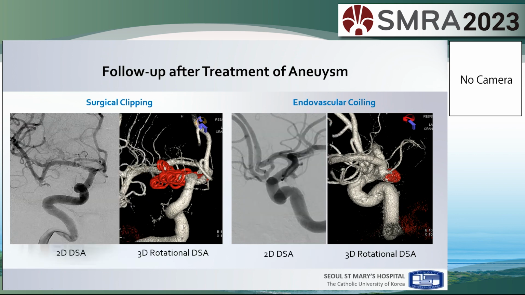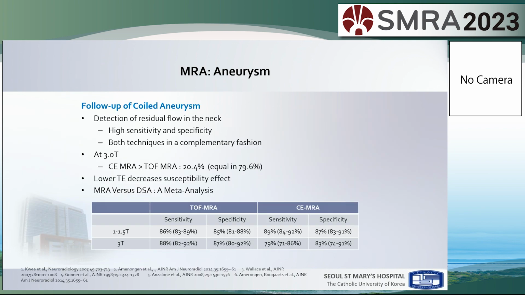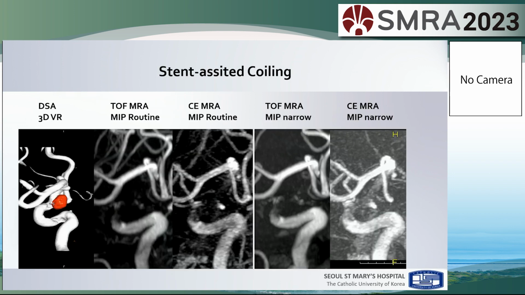So the routine follow-up after surgical clipping is mostly CT angiography, and after endovascular coiling, MRA is the proposed follow-up modality so far. And coupling contrast enhanced MR angiography with TOF can give increased sensitivity and specificity for diagnosing recurrent recanalization of the aneurysm.